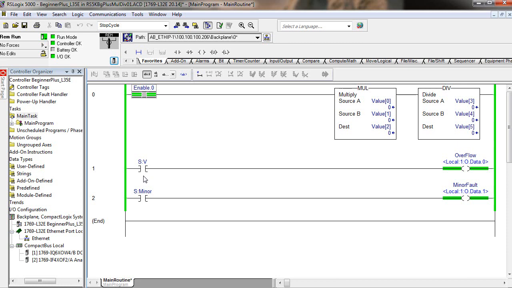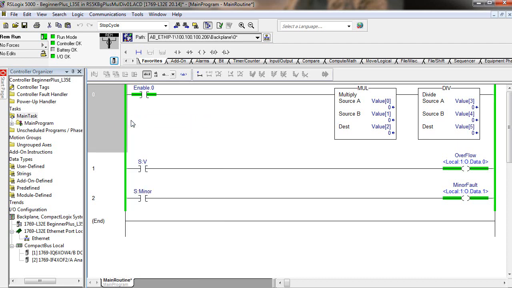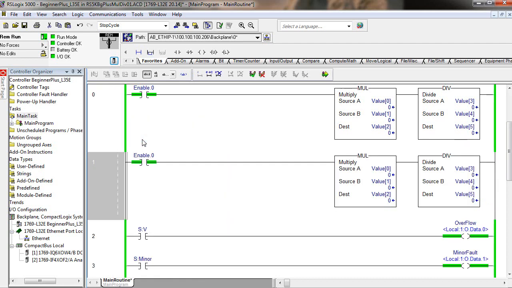But I'm going to go aside from the manual here, and I'm going to split up these two operations into 2 separate rungs so we can determine which one is causing the actual overflow. So to do that, I'm going to copy and then paste. Now I have 2 identical rungs.